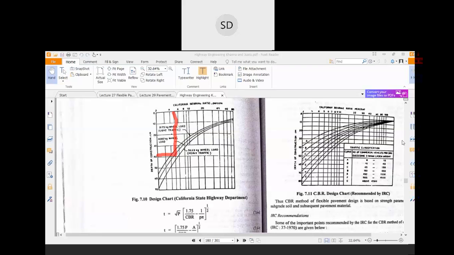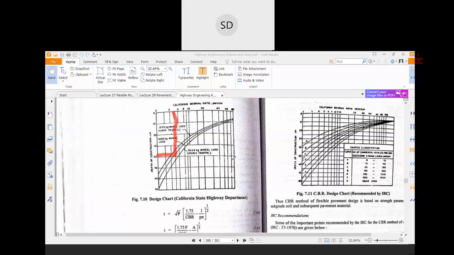If it is clear, we'll conclude our class right now. I suggest you download the IRC code and go through all the notes, that is the previous notes and today's notes on how to design different sections.